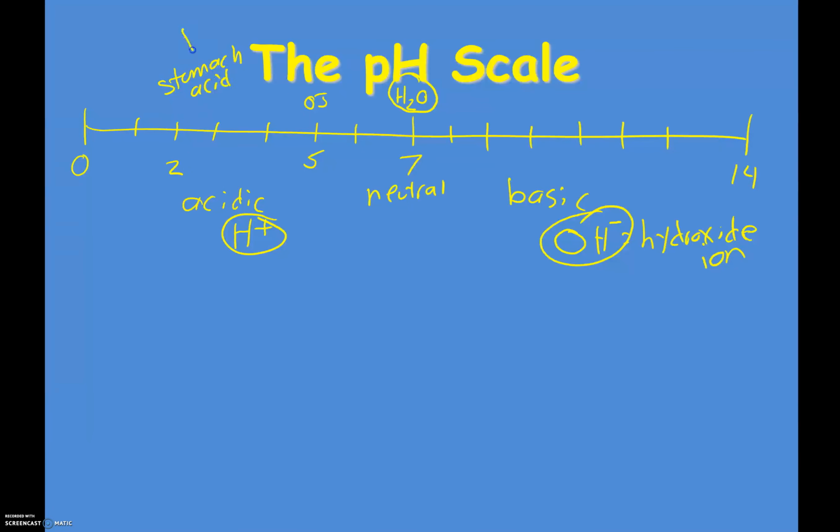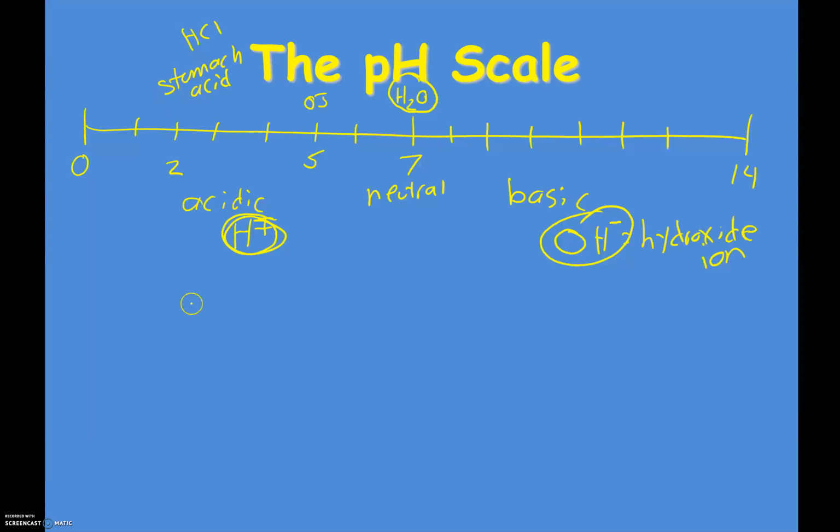Stomach acid is an acid called hydrochloric acid, and it can do damage. People that have acid reflux, or even someone who suffers from bulimia, that acid coming up the esophagus, getting into their mouth all the time, it can cause a lot of damage. The reason why is because there are so many of these H pluses in it. So why can you drink orange juice and be okay, but stomach acid can cause problems if it gets where it's not supposed to be?